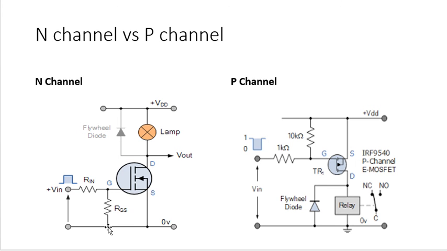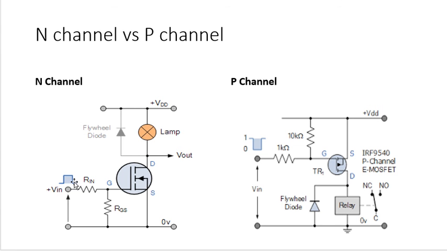And this RGS resistor is typically 10 kilo ohm. The application of this RGS resistor is that if you have not provided any gate signal and you just touch this terminal with your finger, this MOSFET may get turned on if you do not have this resistor.